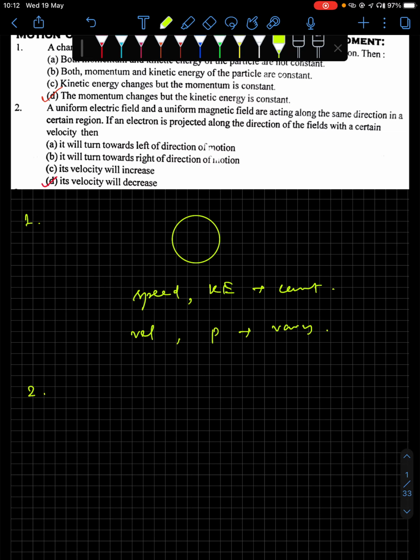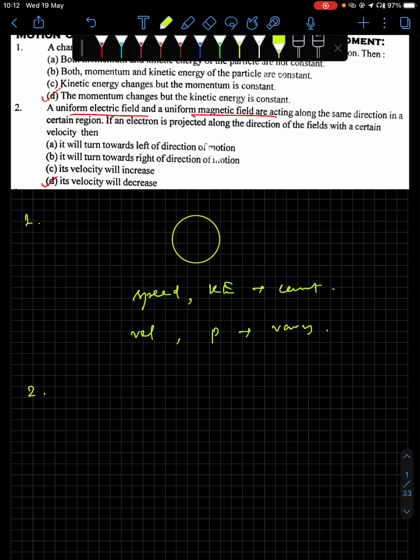Question number 2. A uniform electric field and a uniform magnetic field are acting along the same direction. Now you project an electron along the direction of the field, then what will happen to the speed of the electron?